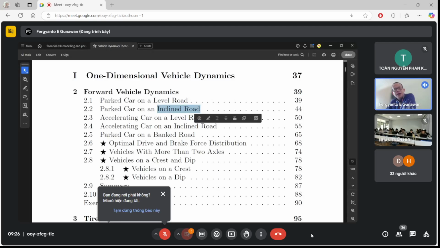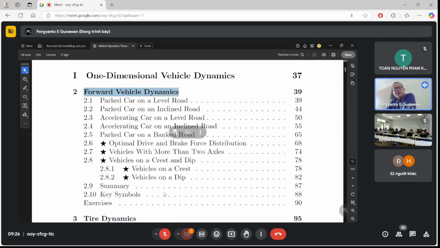So at the end of this chapter, you have some formulas that you can use to calculate the force, whether it is normal or in the longitudinal direction, and you are able to compute the acceleration for a given force. Those are the main issues.